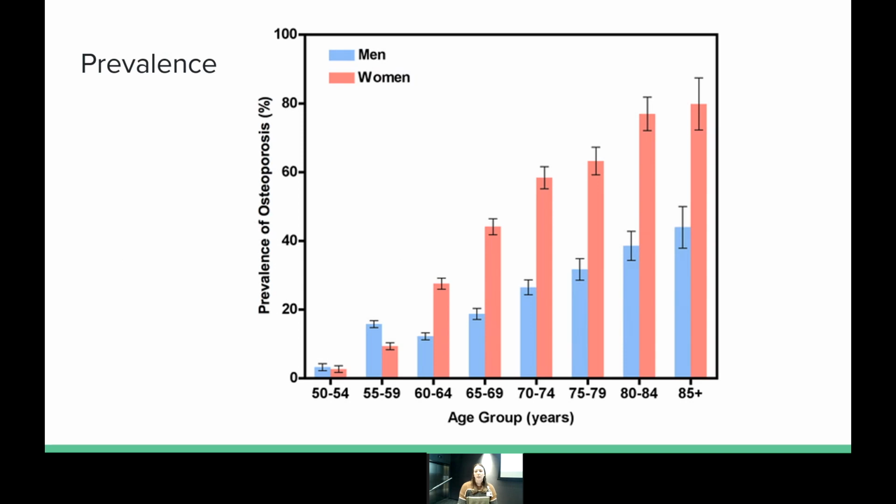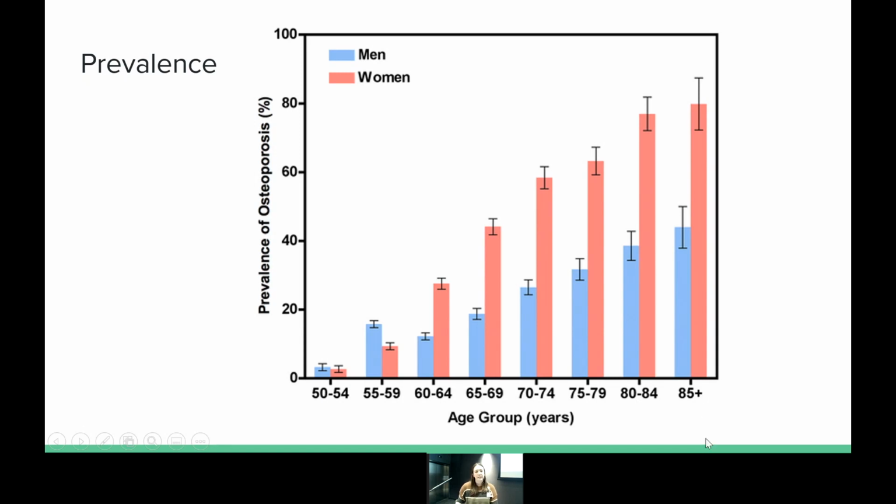This chart shows the prevalence of osteoporosis in men, which is shown in the blue, and women, which is shown in the red, across the most affected age groups. So on the horizontal axis, it has years, from 50 to 85.